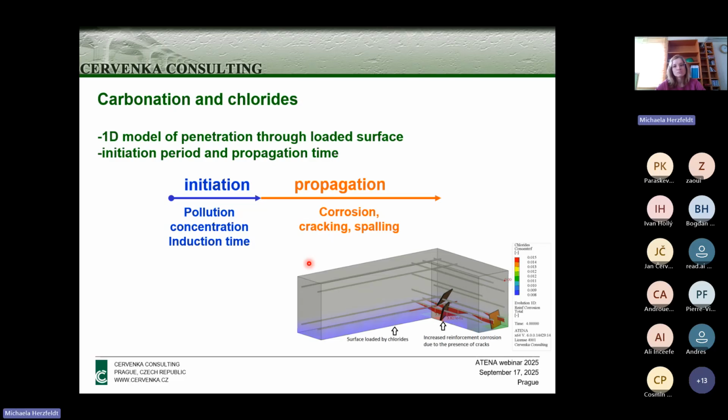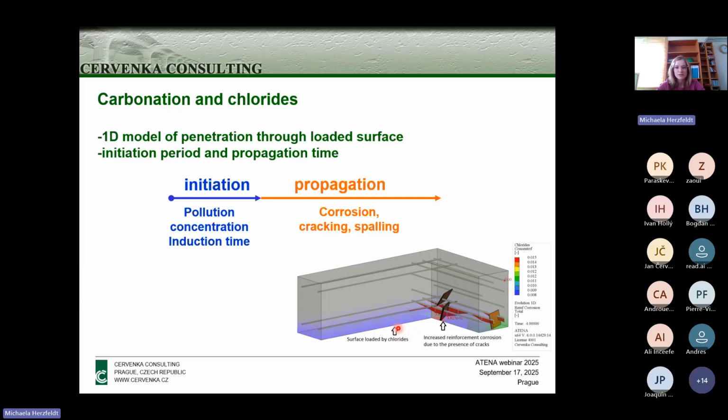So first of all, there is a model for carbonation and chlorides, which is very much interconnected. It's basically a 1D model of penetration of either carbonation or chlorides or both through the loaded surface. So in ATENA, you basically say that some surface of the structure is loaded with these conditions.